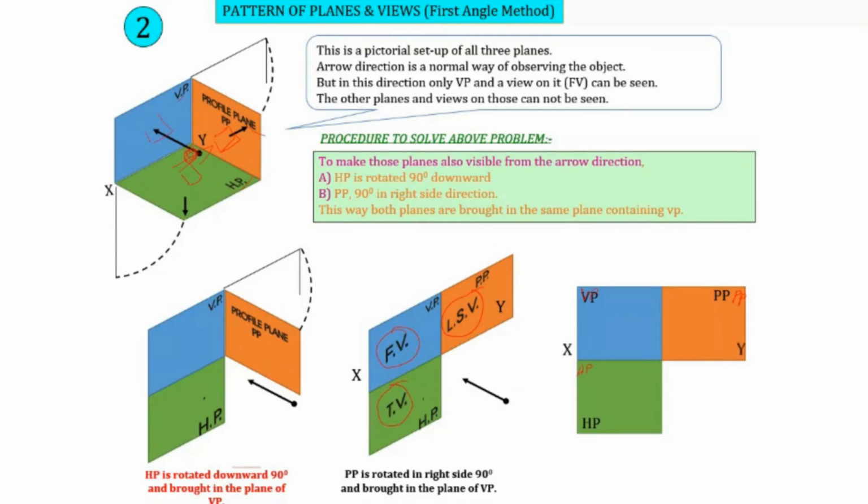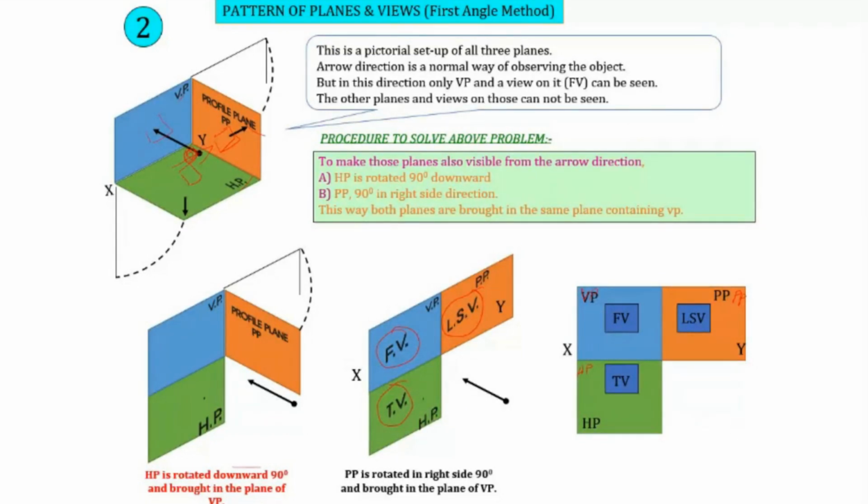And this line marks our XY line. Here is the front view. The front view will be in the vertical plane, the top view will be in the horizontal plane, and the left side view will be in the picture plane.